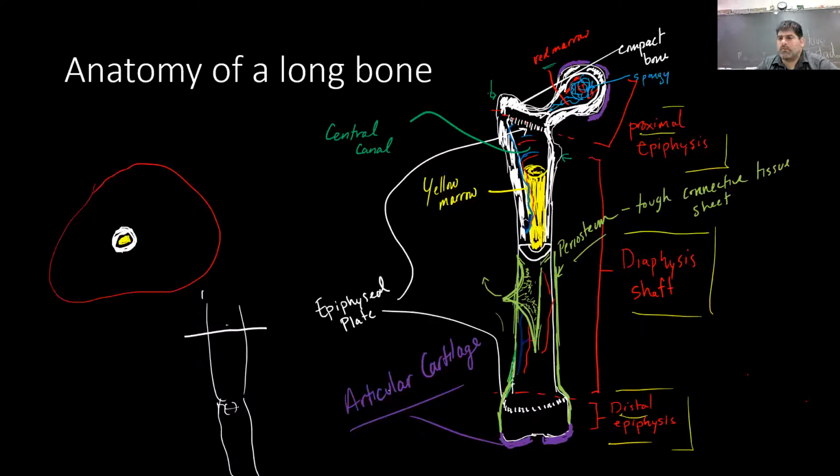We call these things by various names. In this case, on the femur, we're talking about the greater and lesser trochanters, which are these bulging structures. But on other bones, we might call them tuberosities or tubercles or something to that effect.